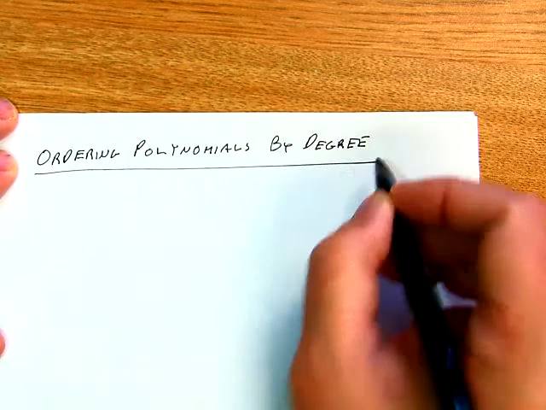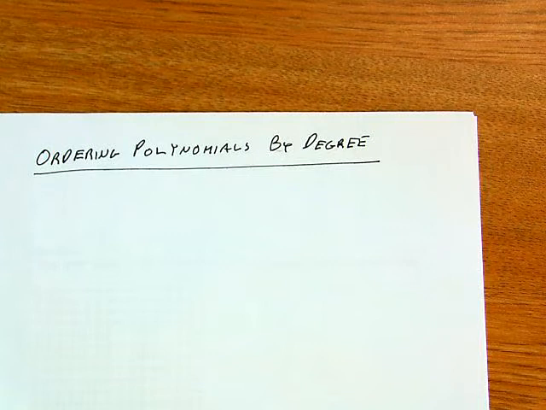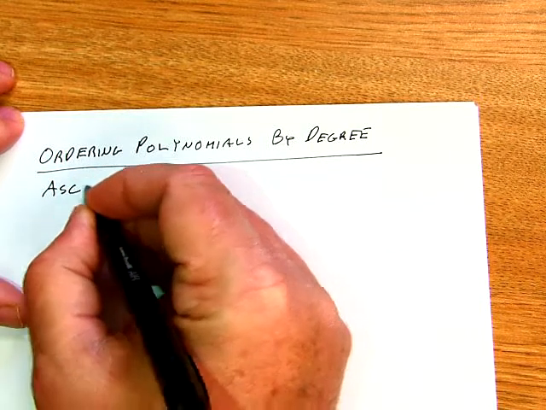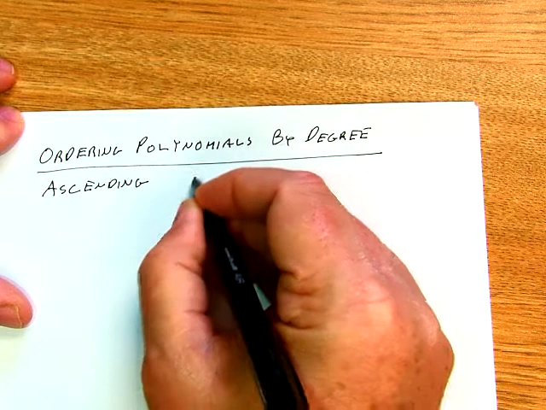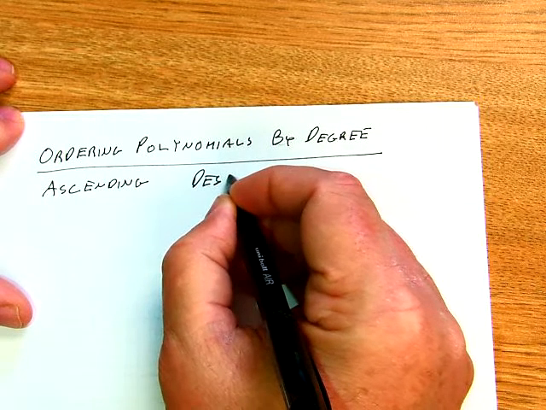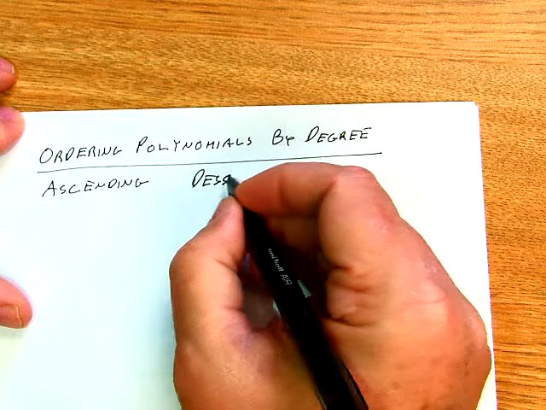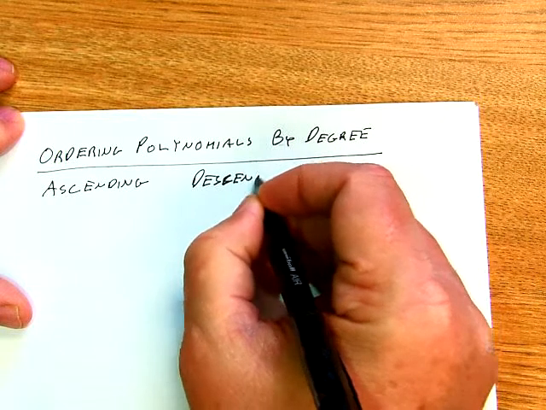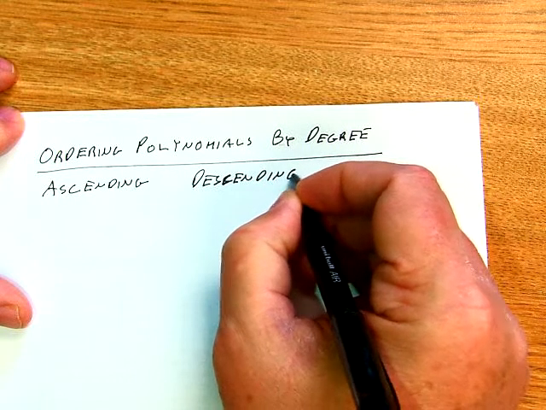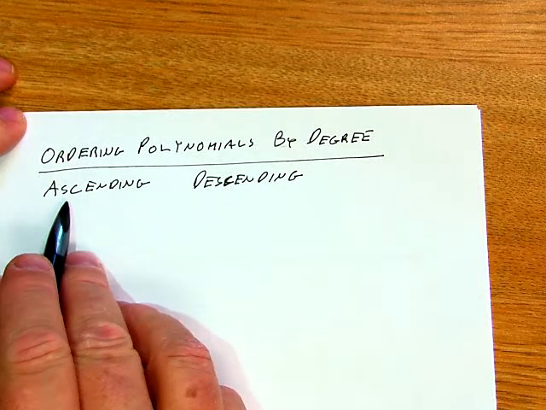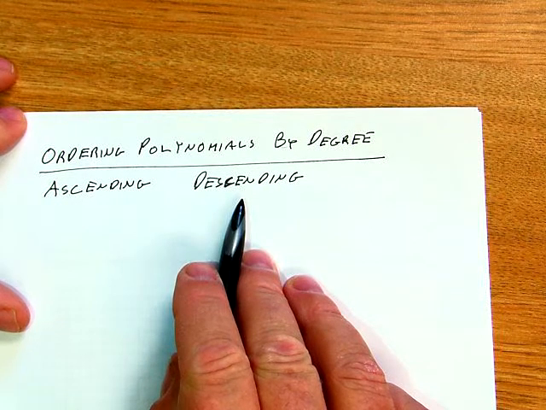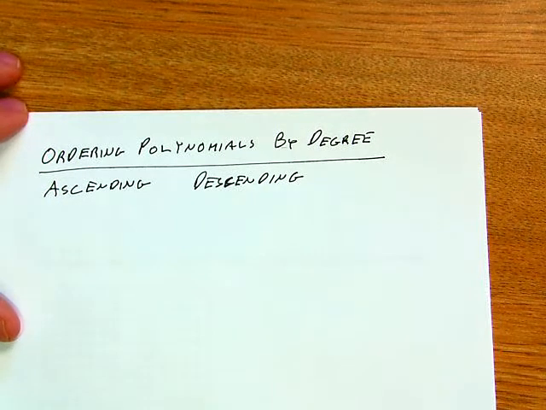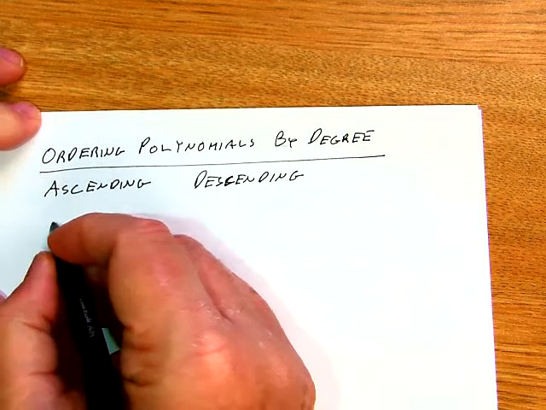And obviously you can order things numerically, either in ascending order or descending. Ascending order is little to big, and descending order is big to little. Okay, so let's take a look at an example here.